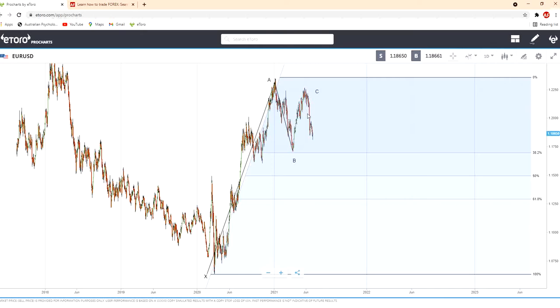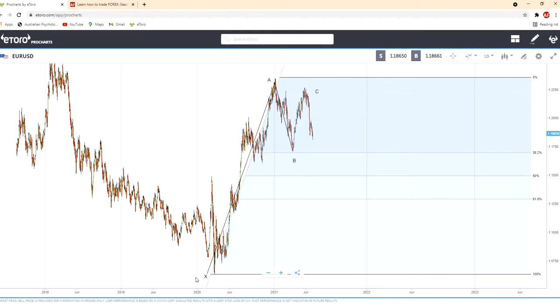But because we still don't know that this is a bat pattern, or you're not sure that it's gonna happen, you may just stay out of the trade. Just have a look. Just observe the market for a while and see how it goes. Okay, so you found C.